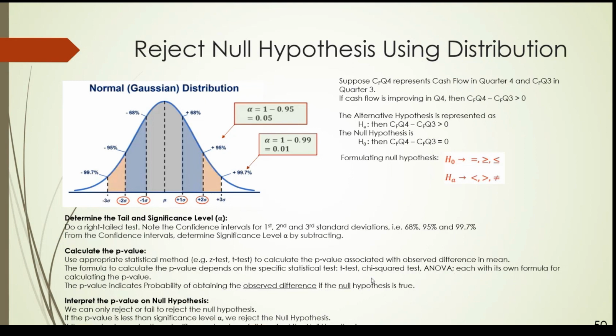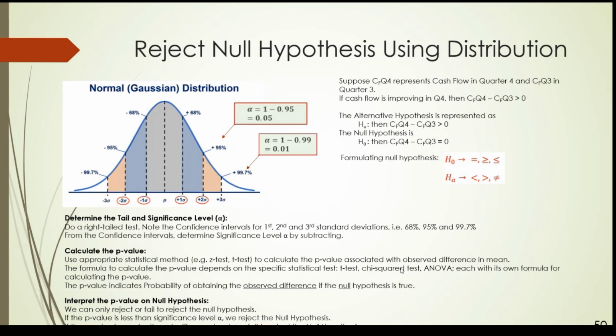Apart from z-test and t-test, you can use chi-square, ANOVA, depending on the 6 questions that you need to ask yourself just now. You have to choose the right statistical tool. Then the p-value is used against the significance level to reject or not to reject the null hypothesis.